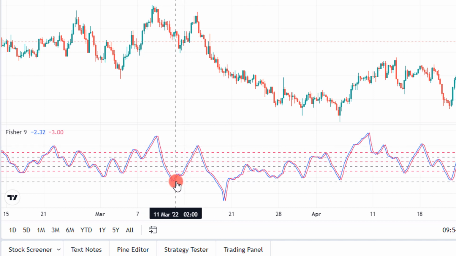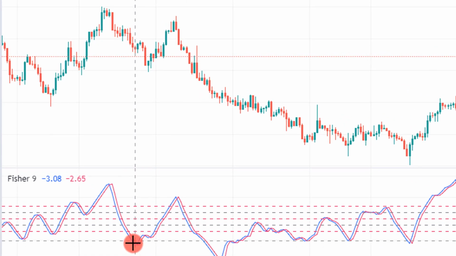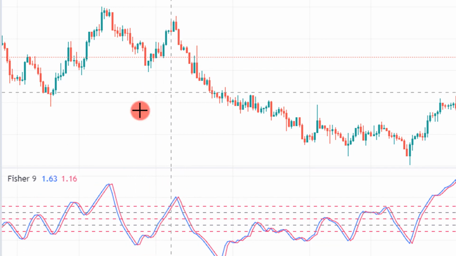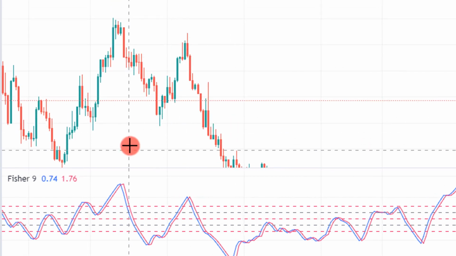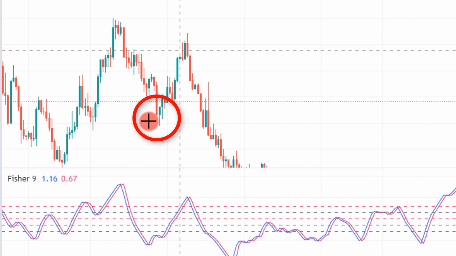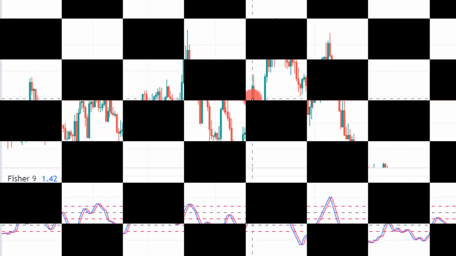First of all, this Fisher line and trigger line have to come to the oversold position. That means the lower horizontal line. Then when the blue line crosses the red line and goes up, that time you will take a buy entry, because you are getting a buy signal to go up. And you can see when these two lines cross each other and go up, the market also goes up. So this is the way you take a buy entry.